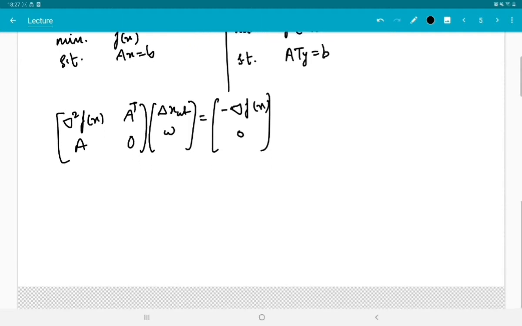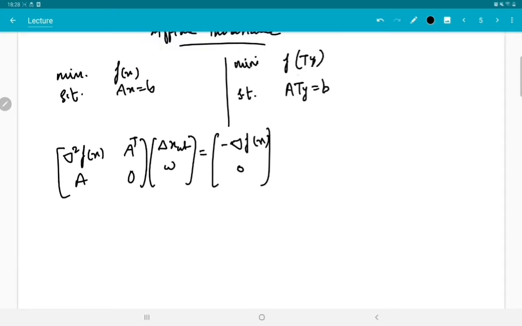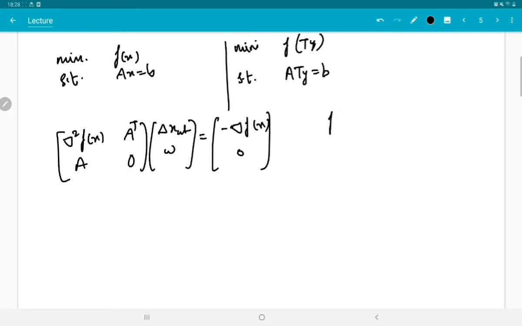The modified matrix will be like del square of, we would need the second derivative and the first derivative of this function f of Ty. Rather I should write it like this.